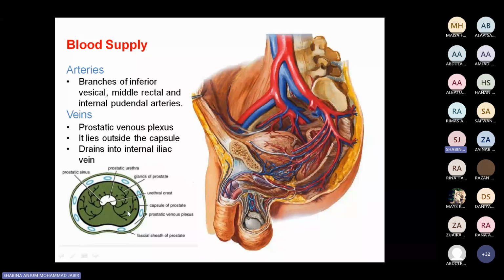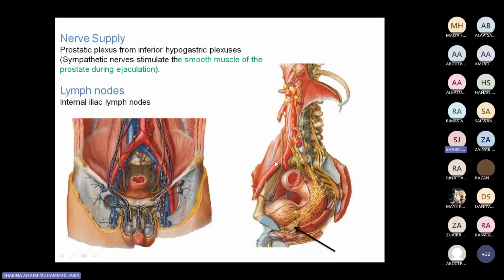Can you do surgery for this? If you do the surgery, what veins and arteries do you have to ligate? The nerve supply will be from the inferior hypogastric plexus. Sympathetic will stimulate the smooth muscles for ejaculation. The lymph drainage is to the internal iliac lymph nodes.